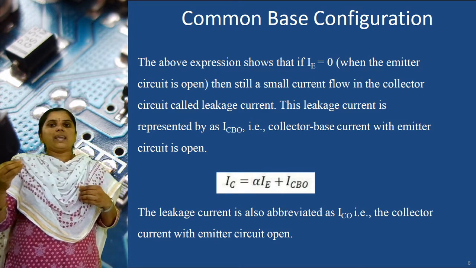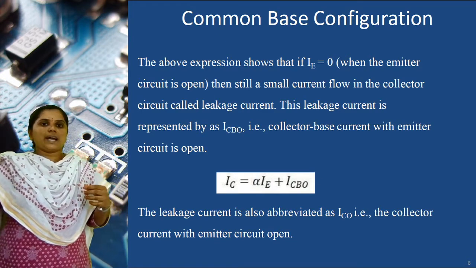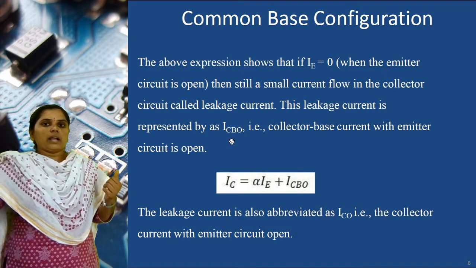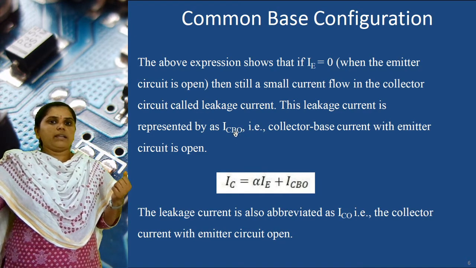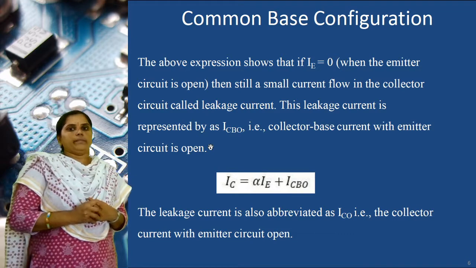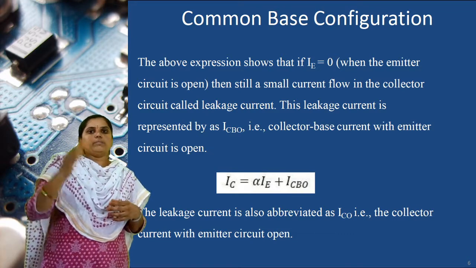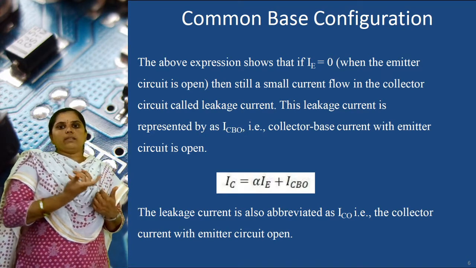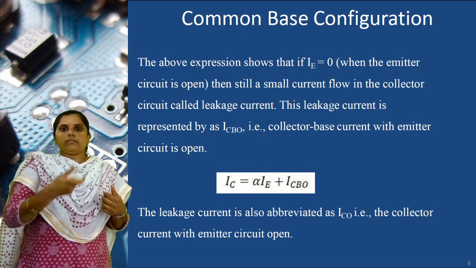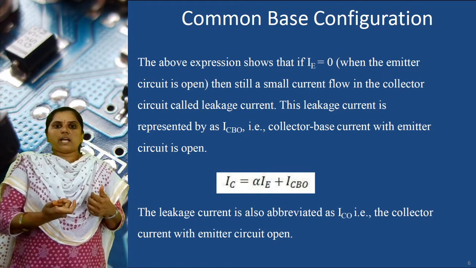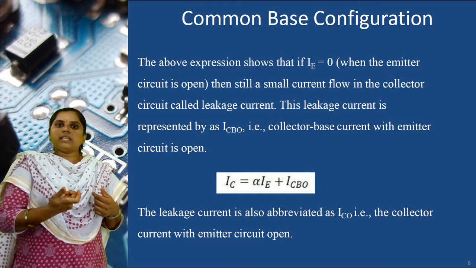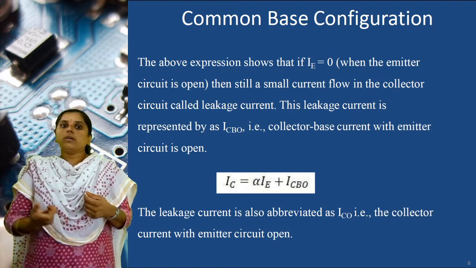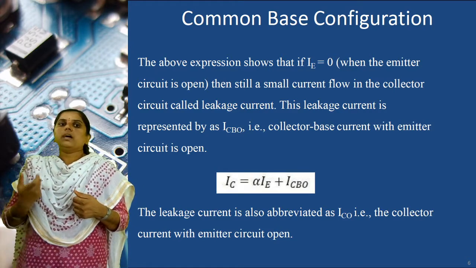That current is called the leakage current. This leakage current is represented by ICBO, that is the collector base current with the emitter circuit open. Input current being 0 means the input PN junction diode is reverse biased, that's why it is open, and open means no current flows there. So even when the input current is 0, we can get some current flow in the output circuit.